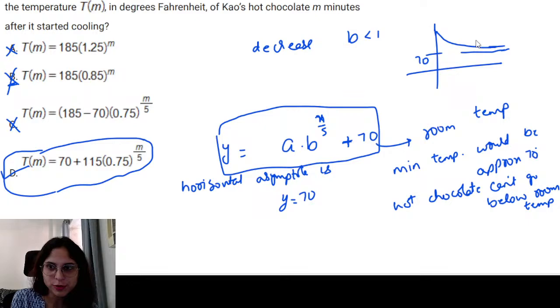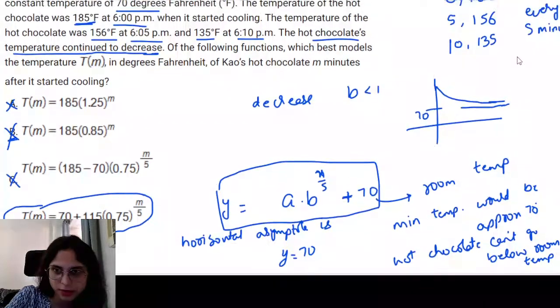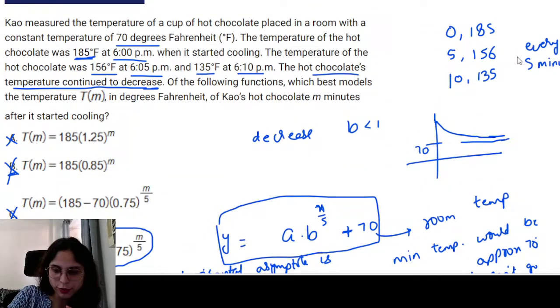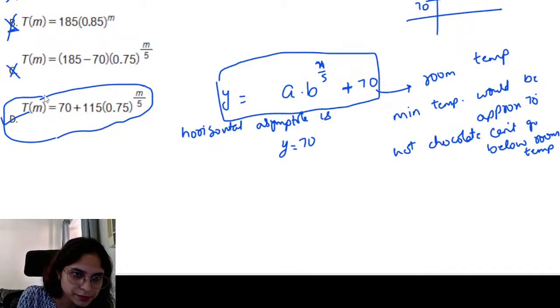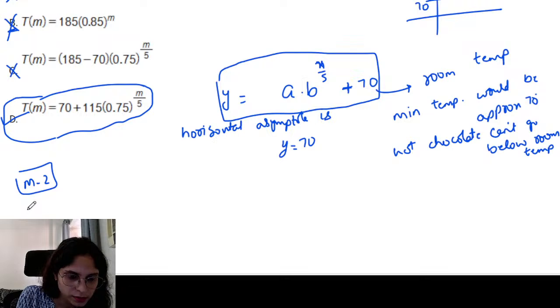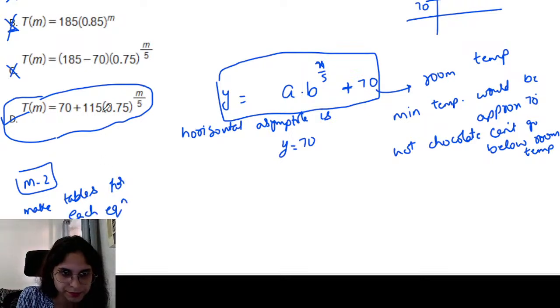I will tell you that also. So you have the table, right? If you do not know any of this, this is like too much, right? So method 2 is, make a table for each equation in Desmos.